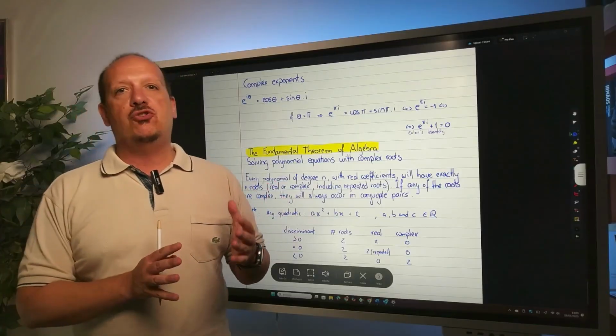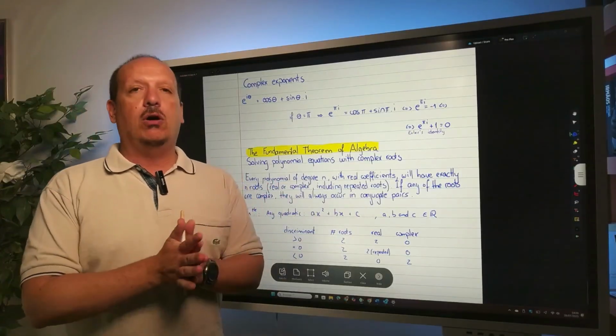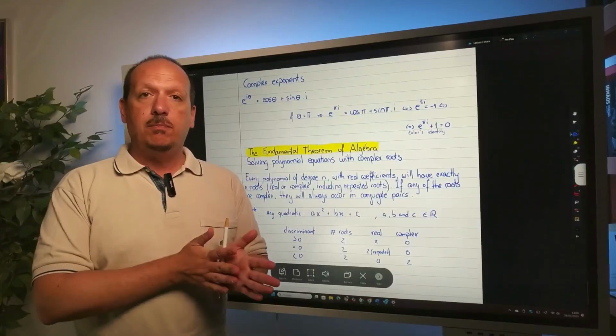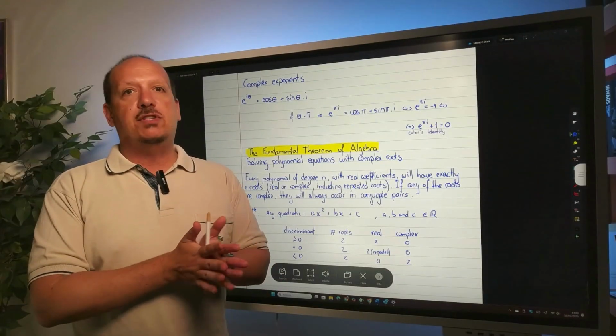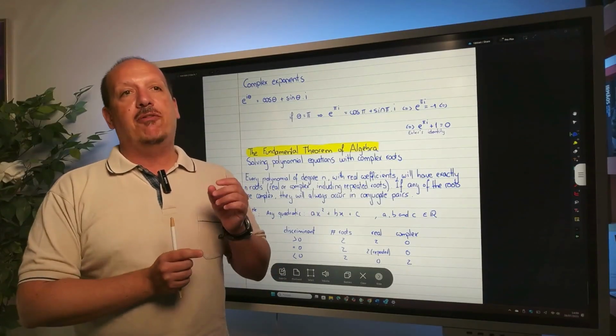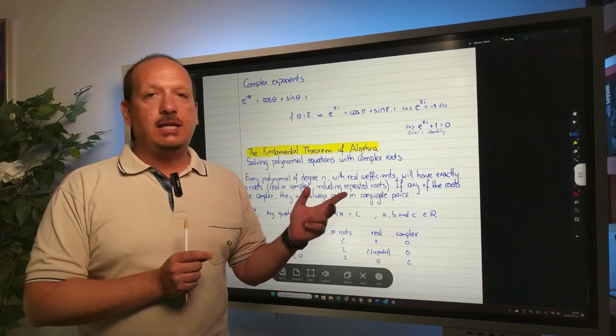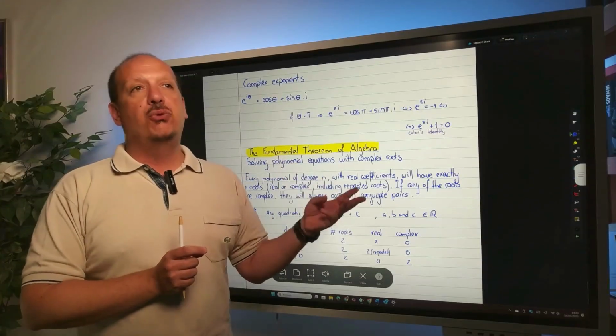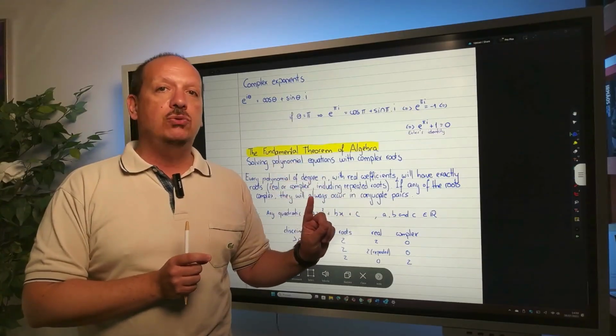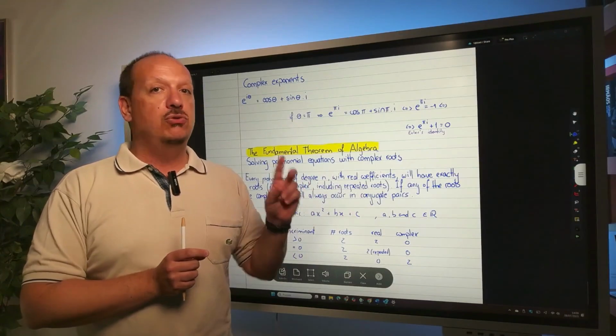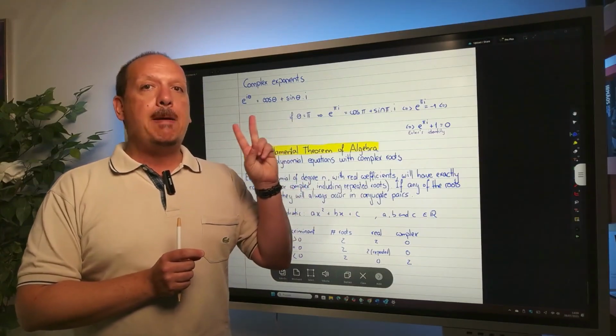So you may have the situation in which all 4 of the roots would be real. You can also have a situation in which you have 2 real roots and 2 complex roots. You cannot have a situation in which you have 3 real roots and 1 complex root, because if you have complex roots, they will always come in pairs.